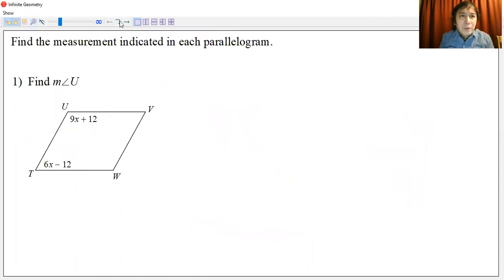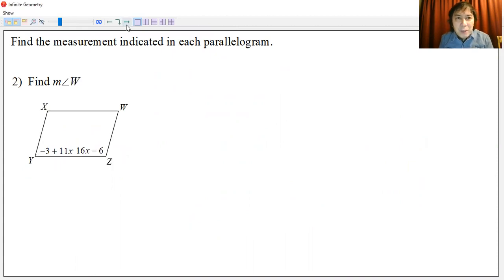How about number two? Okay, here's number two. Find the measurement indicated in each parallelogram. Find the measure of angle W, okay? All right, so let us analyze the parallelogram. So we have the given angles, okay? Let us put the expressions in there.